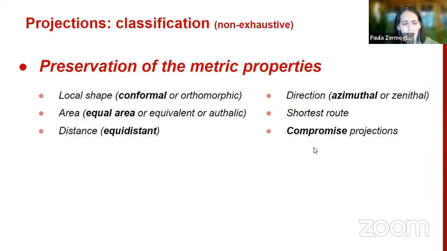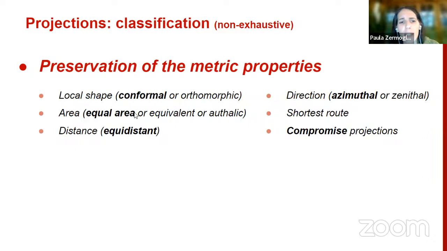There are very many different projections. Here we're showing a classification that is non-exhaustive. And one of the characteristics that we use to classify projections is the preservation of metric properties. Based on this, we can have conformal projections, which preserve the local shape of elements on the map.